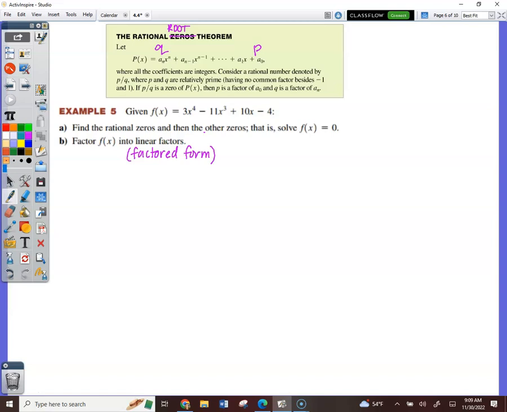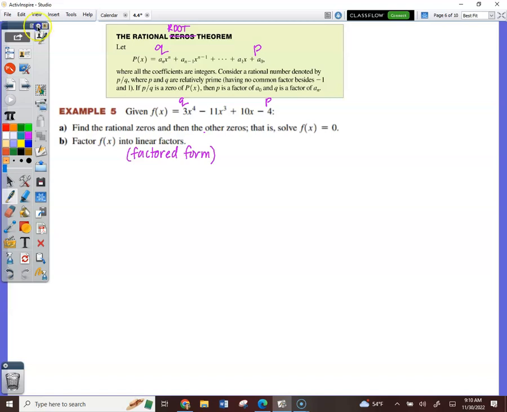You get your list of rational root zeros from creating fractions with the numbers in the positions of P and Q. Now, you've got to remember that it's backwards from how you would say the alphabet. P comes before Q, but when you list it, this is Q and this is P. Every time. So it's mind your P's and Q's. This is the rational root theorem, but you label your Q as the first one, and P is the last one.